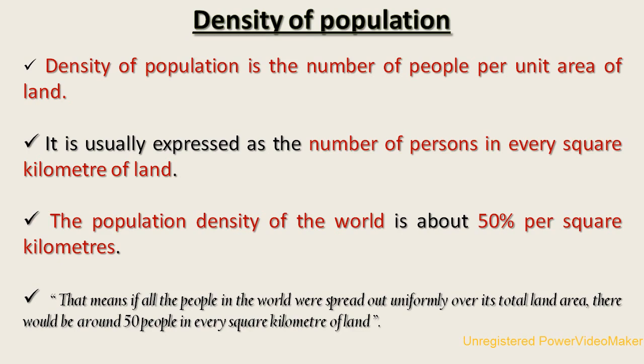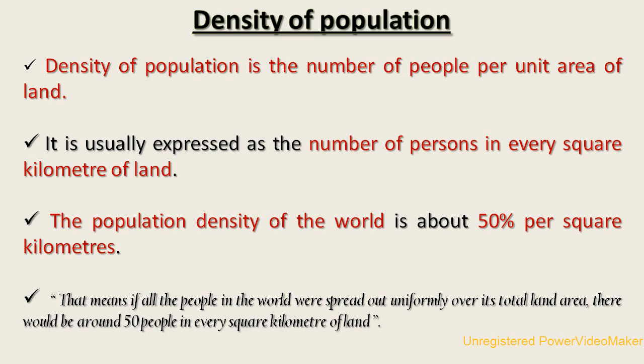Then we will get the density of population. So the population density of the world is about 50 per square kilometer. That means if you divide the entire world by the number of people of the world, then 1 square kilometer will contain about 50 people.